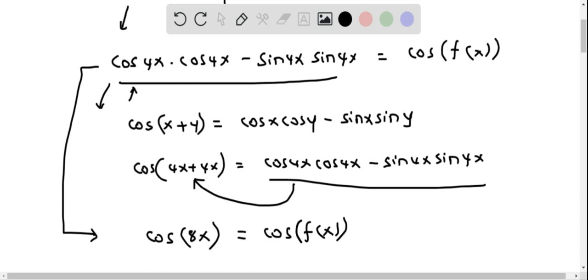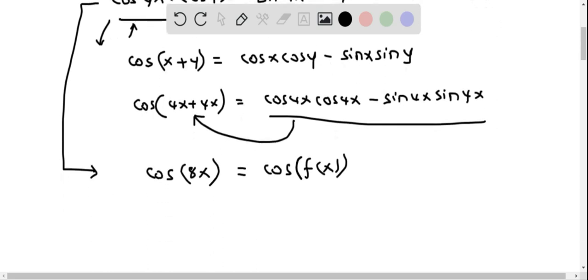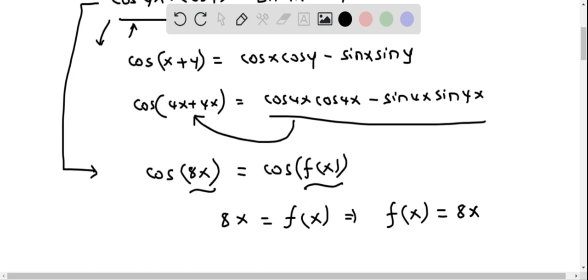Now, on both sides, we have the cosine function, which means the inner part of the cosine function should be the same. That is, 8x has to be equal to f of x. So, 8x equals f of x. Or otherwise, we say that f of x equals 8x. So we have determined f of x equals 8x for part A.